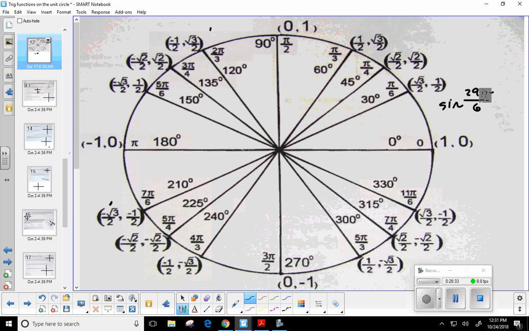Now, my first thought would be to go ahead and rewrite this as a mixed number. But remember, when we created the unit circle, we did count by fourths and sixths, right? So all you'd have to do is just keep counting around until you get to 29 sixths, if that's how you want to do it. But let's see if we can figure out where everybody's going to stop.